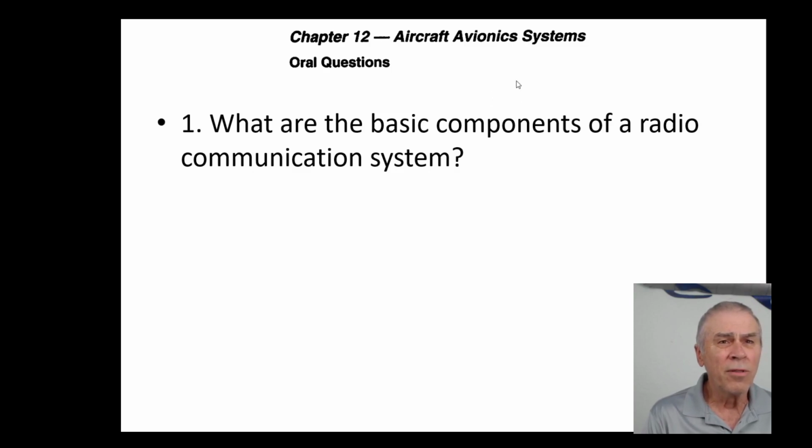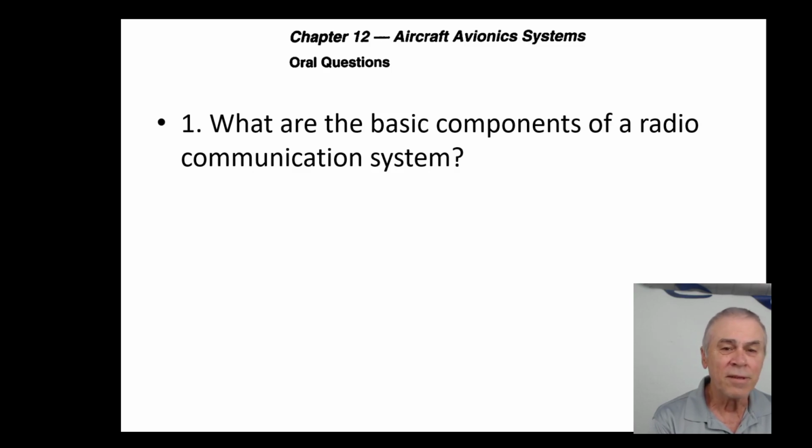Oral question: what are the basic components of a radio communication system? I would usually sit quiet and let you throw out some answers. Somebody might say the speakers. Another one might say the microphone. And then somebody who's into it might say transmitter or receiver, which are the main parts of it.